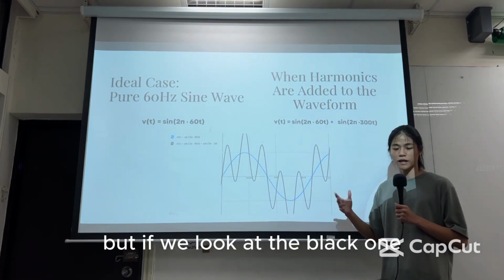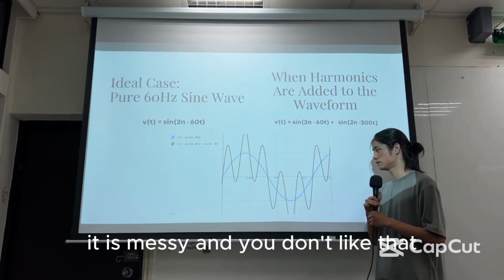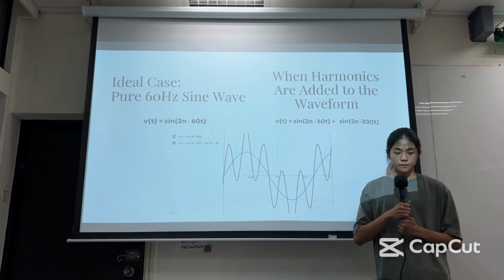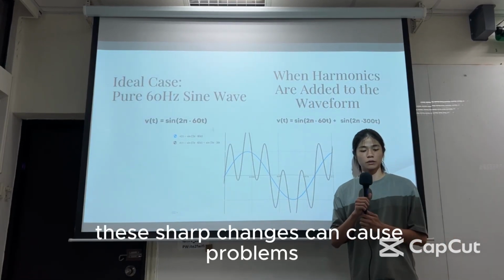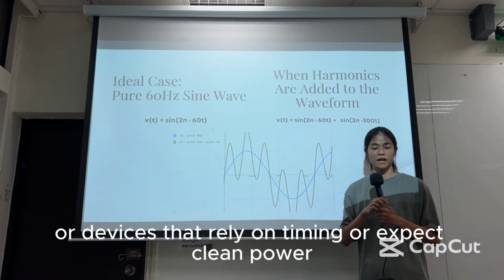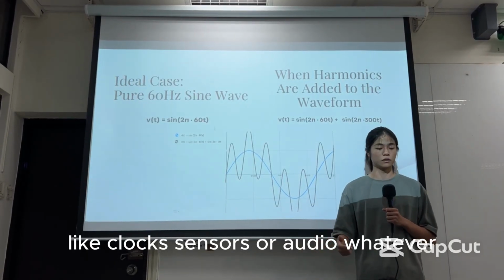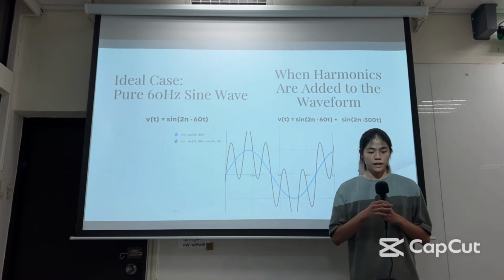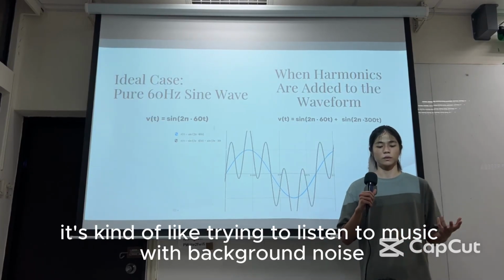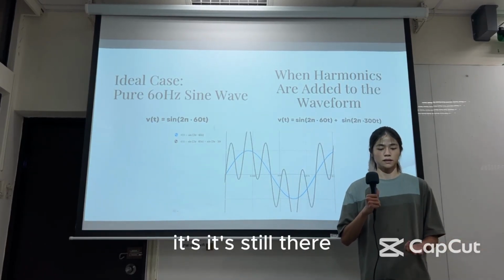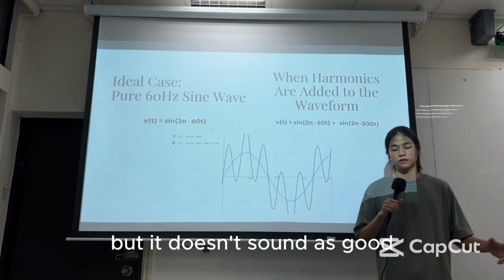But if we look at the black one, it is messy, and we don't want that. These sharp changes can cause problems for devices that rely on timing or expect clean power, like clocks, sensors, or audio equipment. It's kind of like trying to listen to music with background noise. It's still there, but it doesn't sound as good.